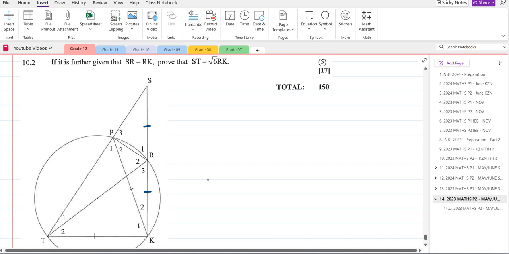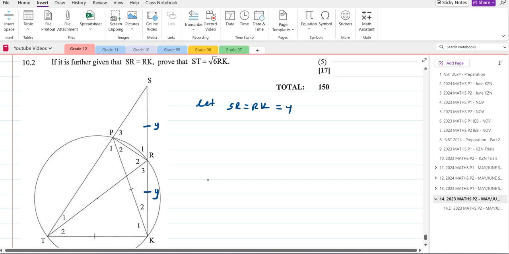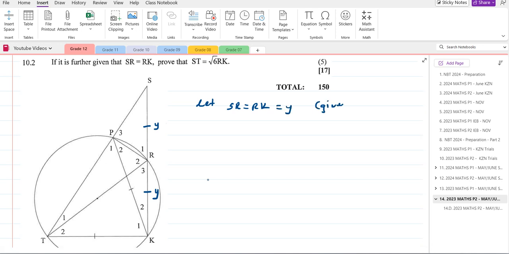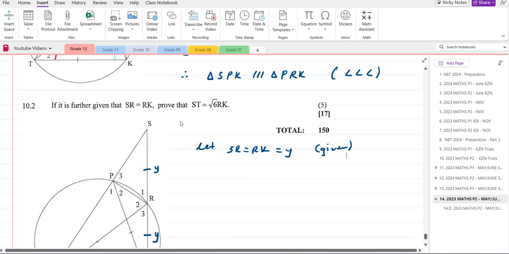Let's call it Y and let's call it Y. So we can say let SR be equal to RK is equal to Y. That's given.